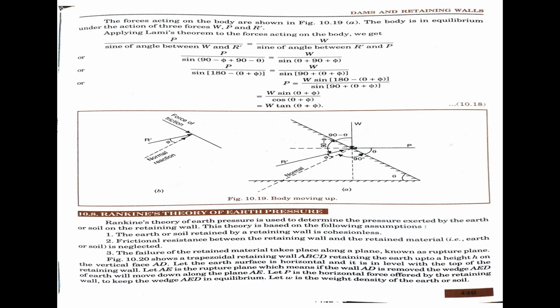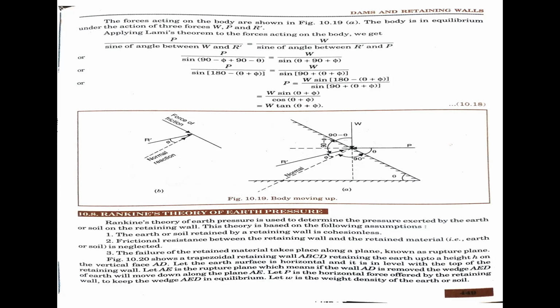The first assumption: the earth or soil retained by a retaining wall is cohesionless soil. That is the first assumption.